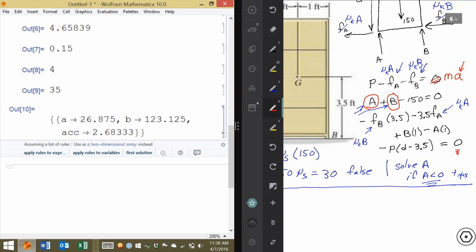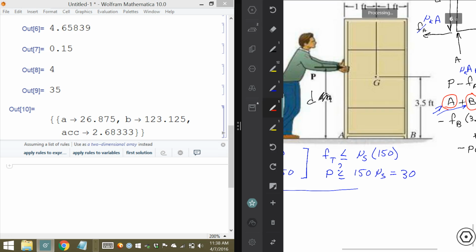Okay, so the assumption that I made was that it was sliding with no tip. If it's not tipping, then the force under the leg A should be a positive number, meaning it still has some pressure there. And so it looks like everything works out, that it is in fact sliding and it is not tipping.